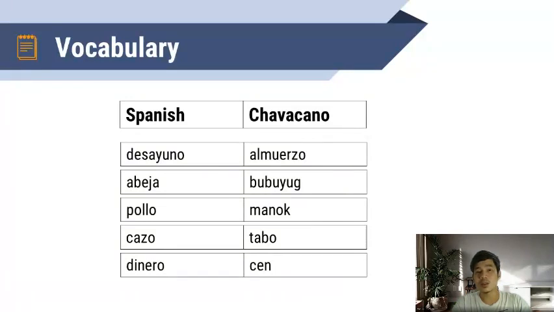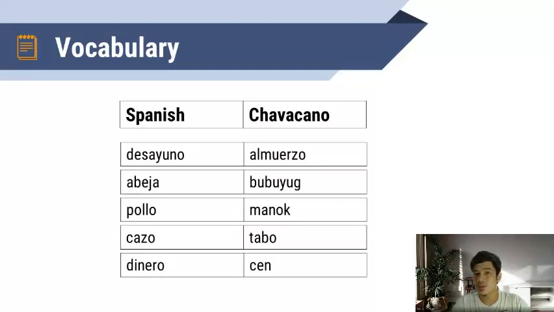Although almuerzo originated from Spanish, its meaning has already undergone semantic change, or what we call semantic alteration or change in meaning. Almuerzo in Spanish means lunch. That is the reason why in Chavacano we do not have a term for lunch, because the term for lunch, which is almuerzo, is already used for breakfast.